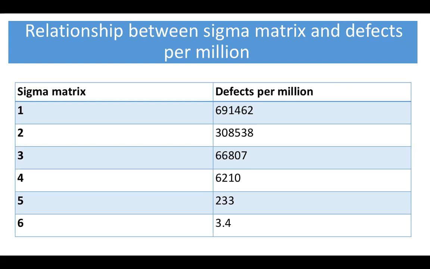66807 means out of 100, 6.7 defects, so 93.3% correct. So now if out of 100 opportunities you are correct 94 times, what will be your impression? Yes, Aditi Bansal, please unmute yourself.